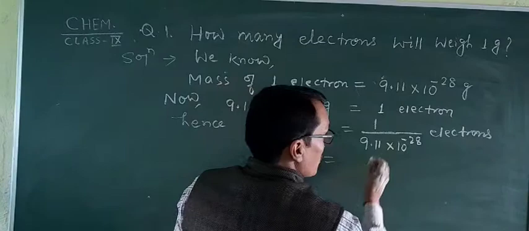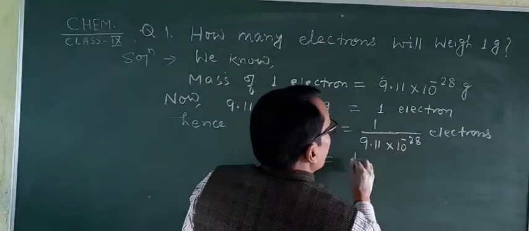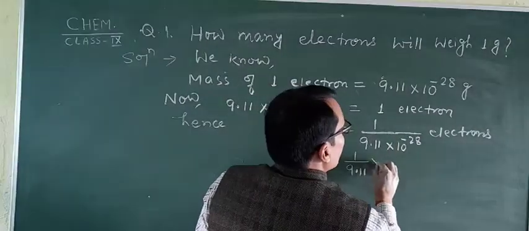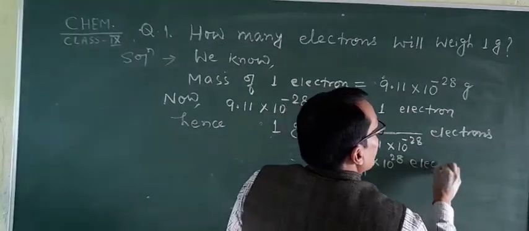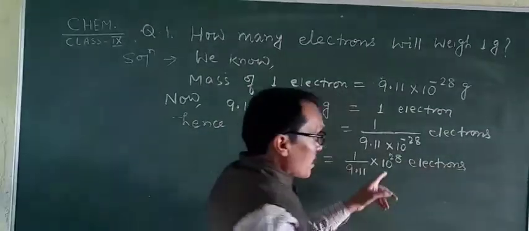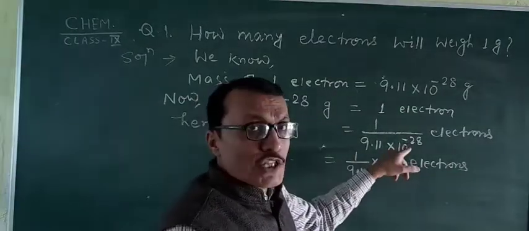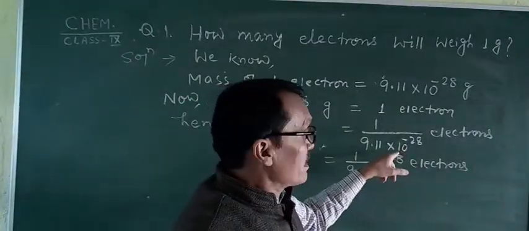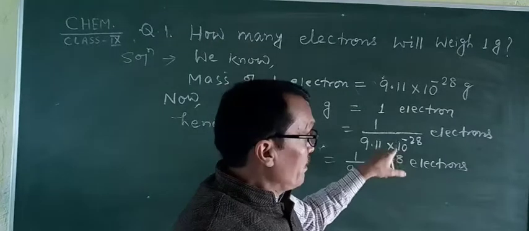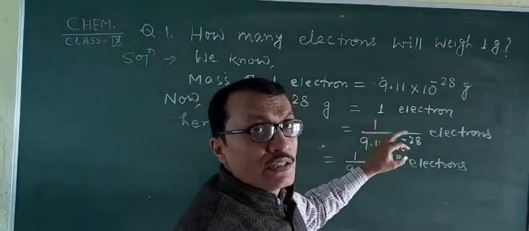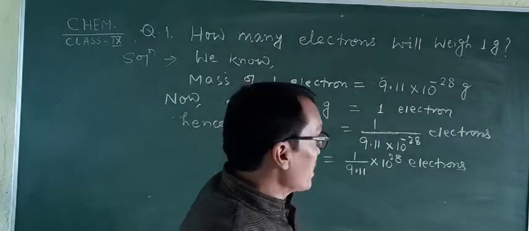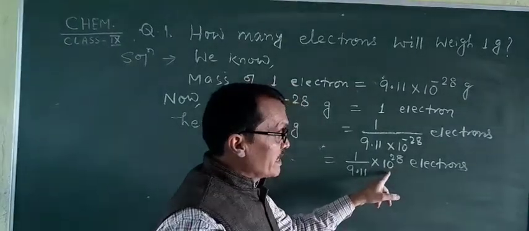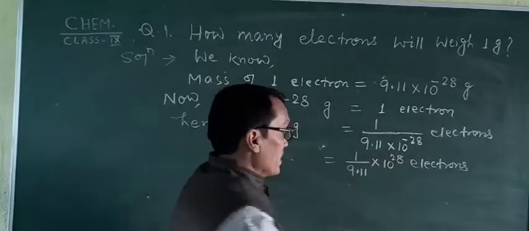So students, you can write this 1 by 9.11 multiplied 10 to the power 28 electrons. Because you are looking here 10 to the power minus 28 is here in denominator. So if you bring it in the numerator, then it will be 10 to the power 28. So I have written here 10 to the power 28.